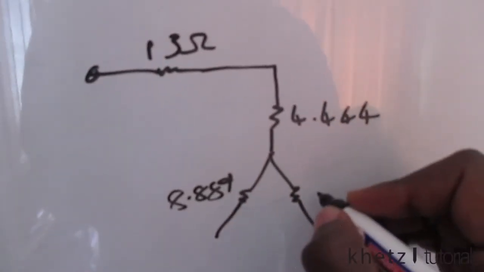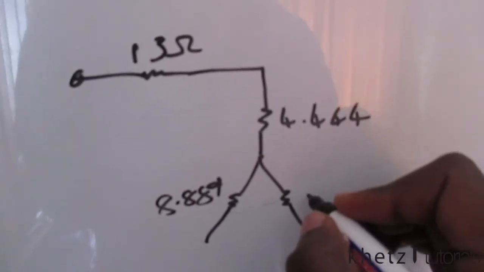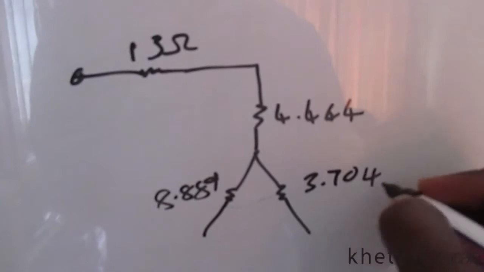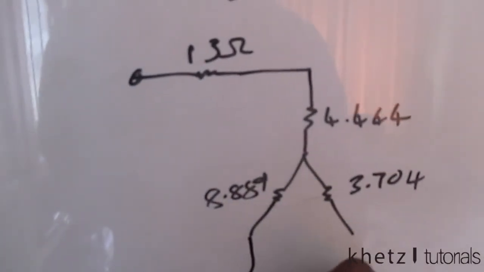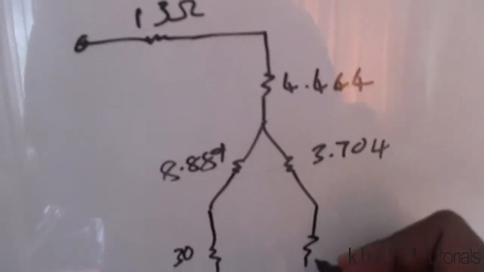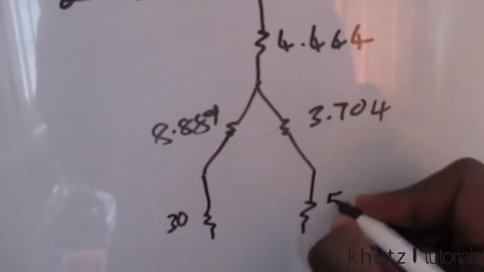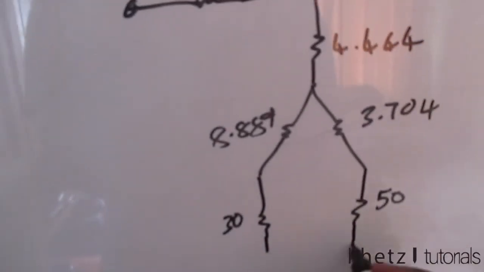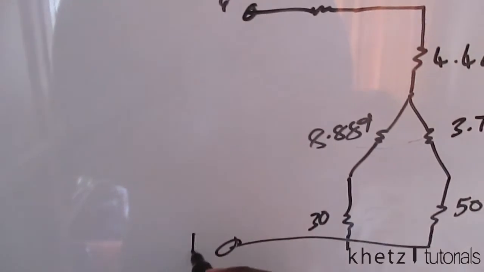And here we have R2, which we found to be 3.704. And in the rest of the circuit, we have 30 ohms there, 50 there, and the terminals A and B.